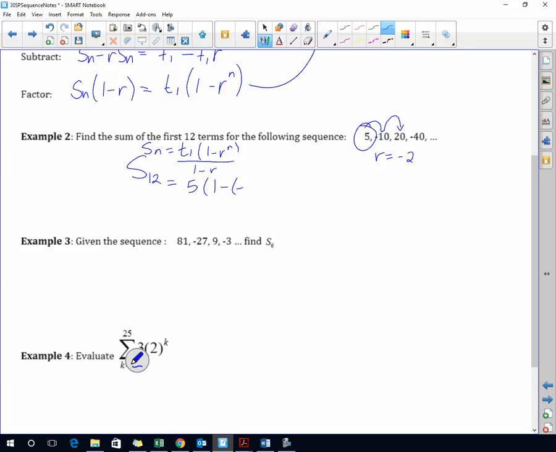Now on the bottom here, that would be minus minus. But do you see on the top here, you actually have to evaluate the ratio to the power 12 first. So it's going to be a negative afterwards because a negative 2 to the power 12 is going to be positive, and a positive and a subtraction sign will give an overall minus, right? Very, very important that you don't screw that up.